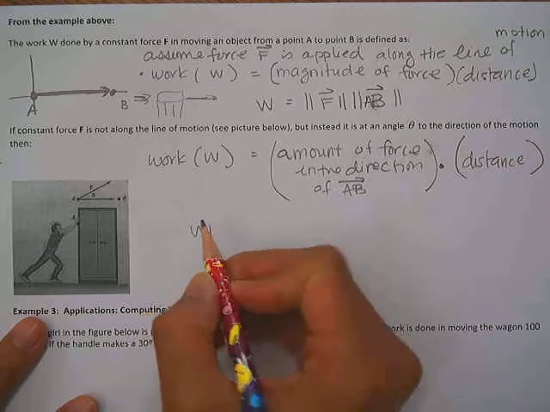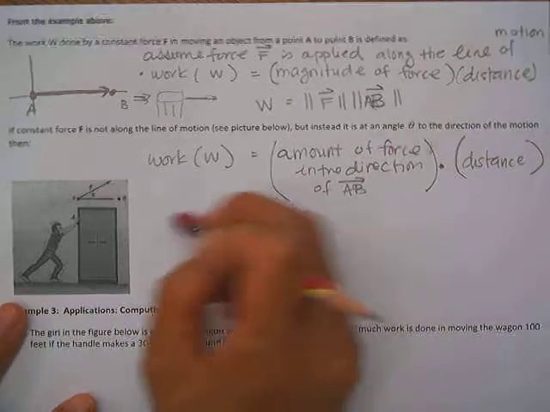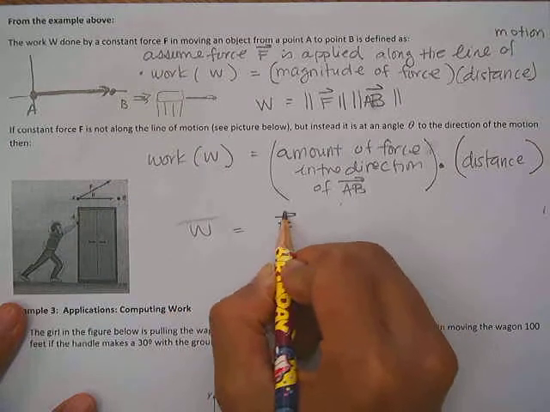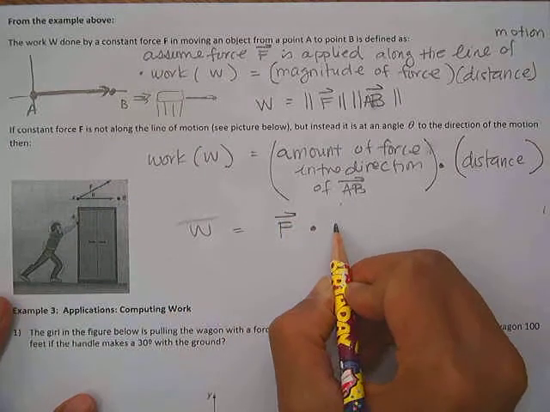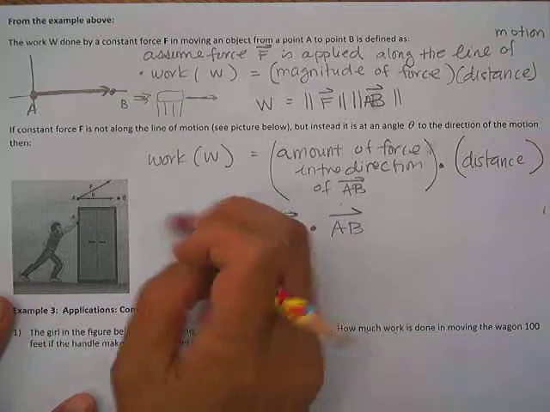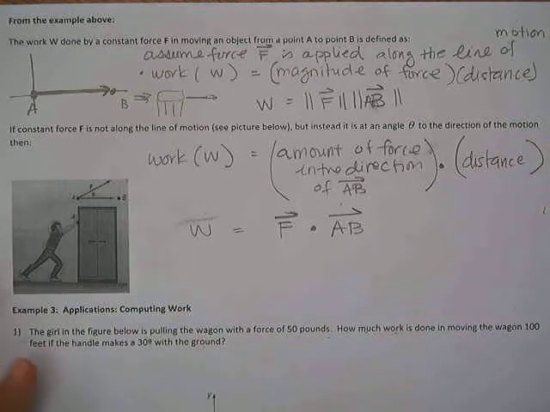So formula wise, W represents work equals the dot product of the force and your AB.